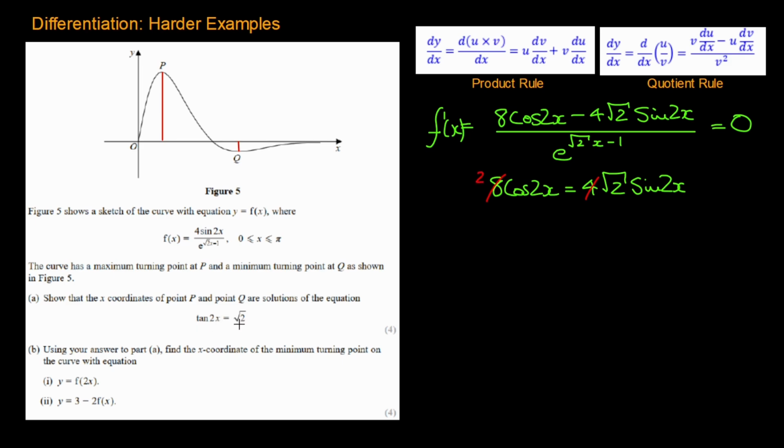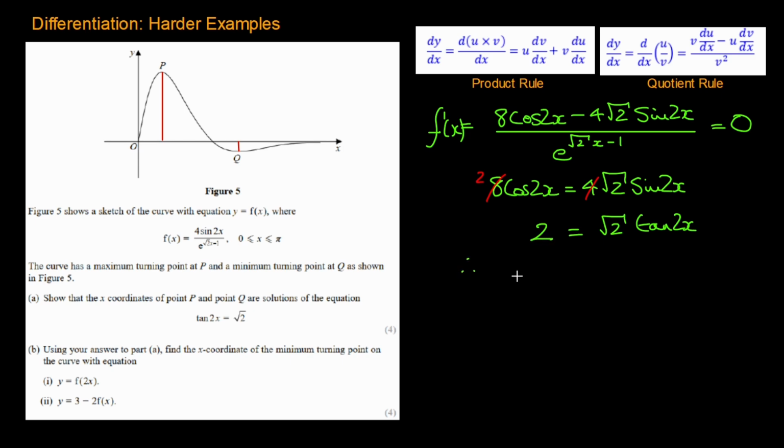And we're heading towards a tan function. The tan function is sine divided by cos. So if I make this the master side and divide through by cos 2x, I get that this is root 2 tan 2x is equal to 2.